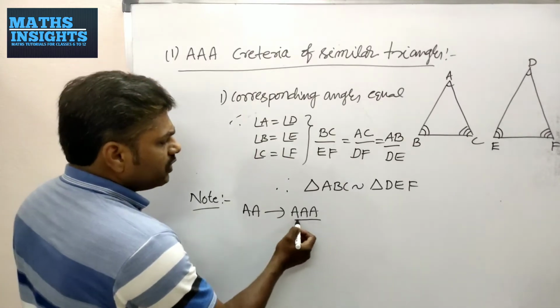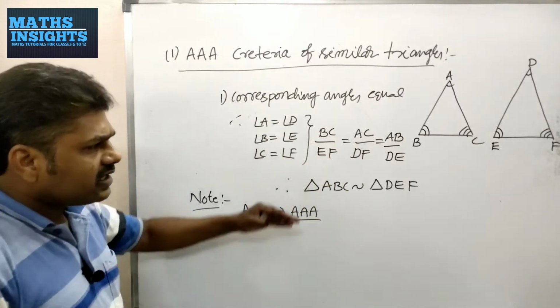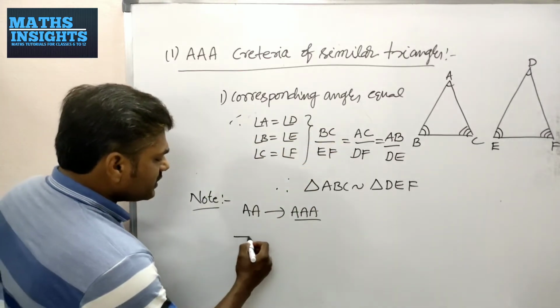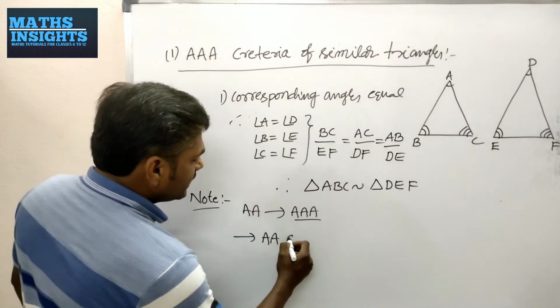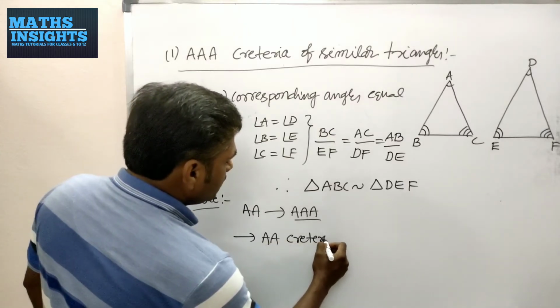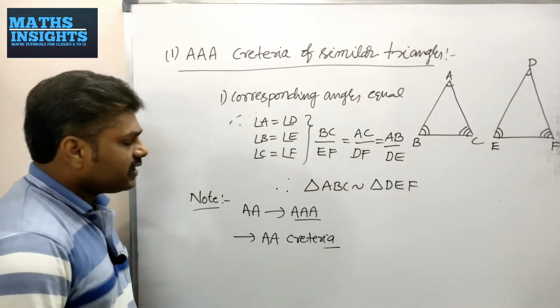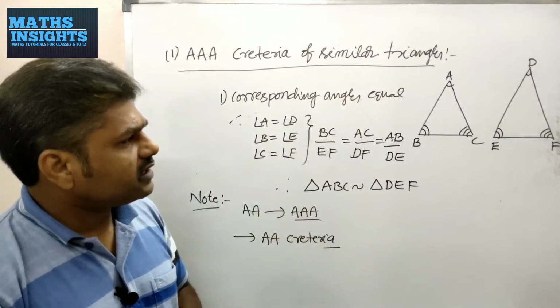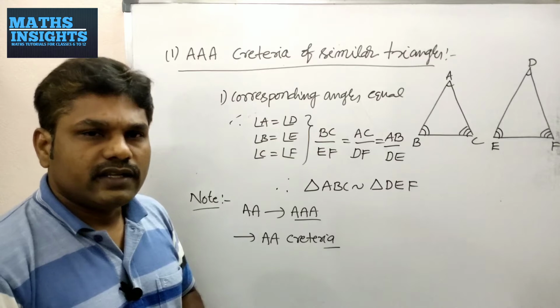Then we will follow the same procedure as we discussed earlier in this criteria. This is said to be the AA criteria. So by the AA criteria, we may say that triangle ABC is similar to triangle DEF.